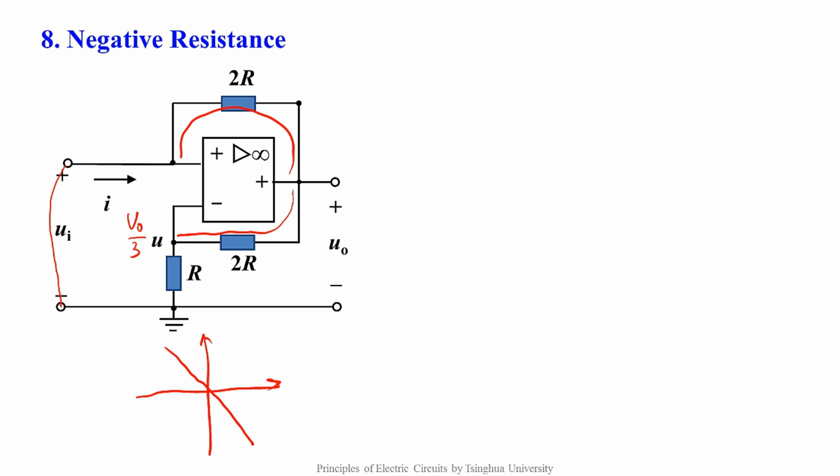Let's analyze it now. Seeing from its input terminals, what is the equivalent input resistance Rin? Firstly, in this circuit, according to the virtual short property of the ideal op-amp, the voltage of this node is UI, and equals 1/3 of UO.